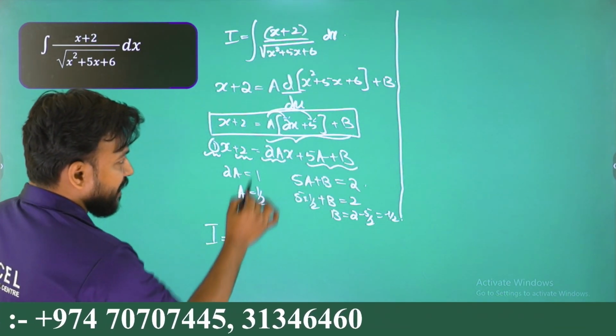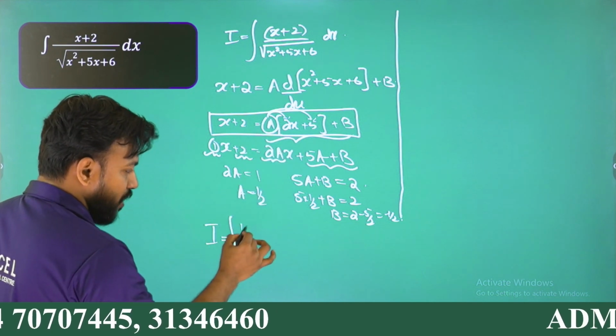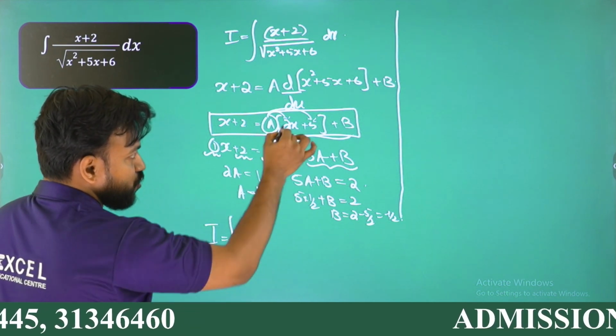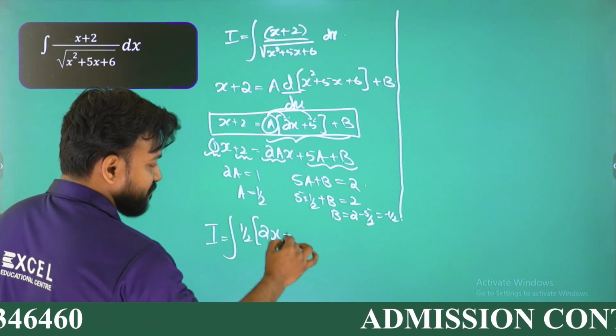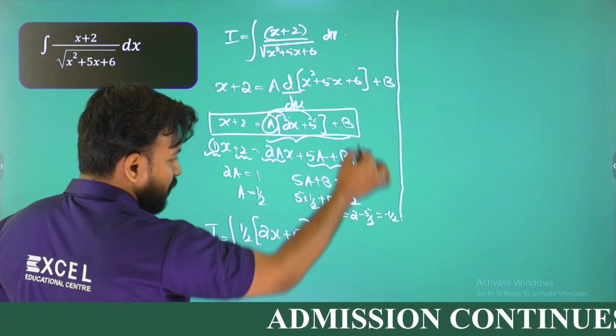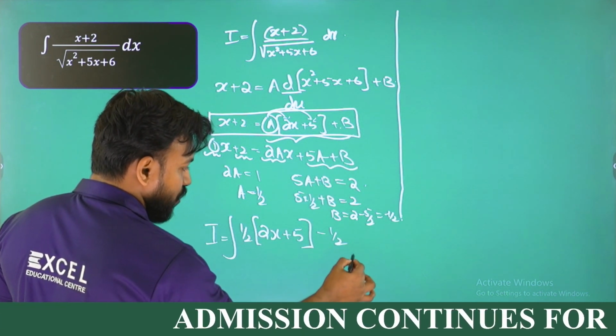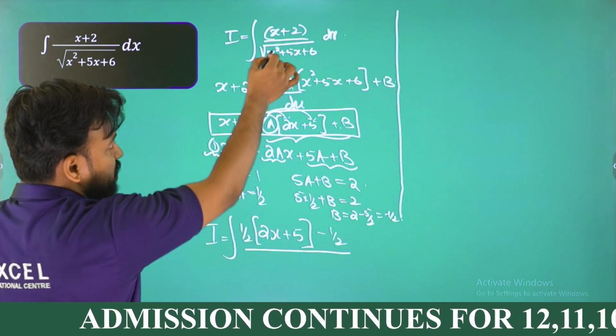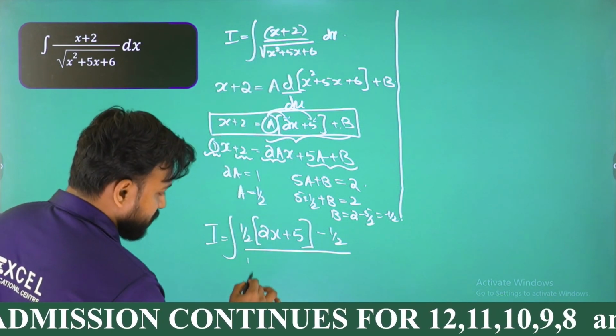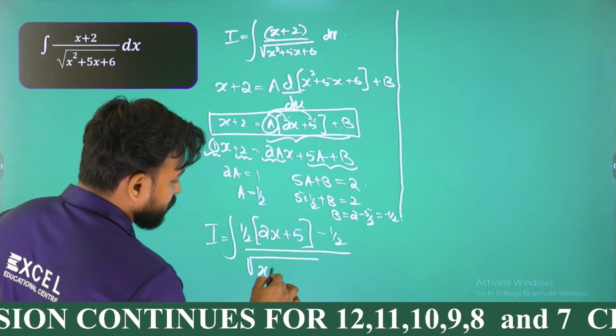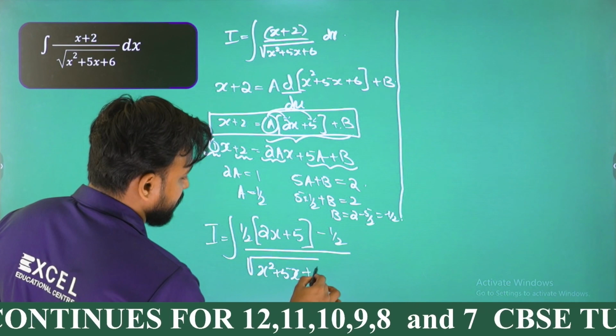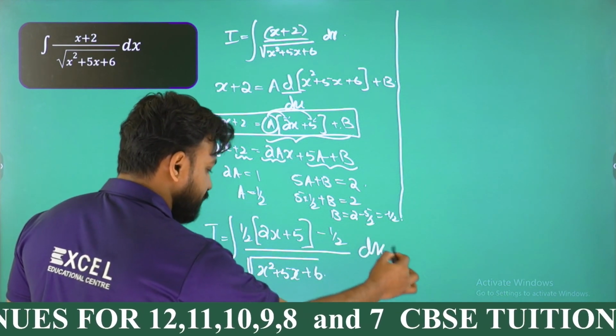What is a? 1 by 2 into 2x plus 5, plus b. What is b? Minus 1 by 2, all divided by what is at your denominator? Root of x square plus 5x plus 6 dx.